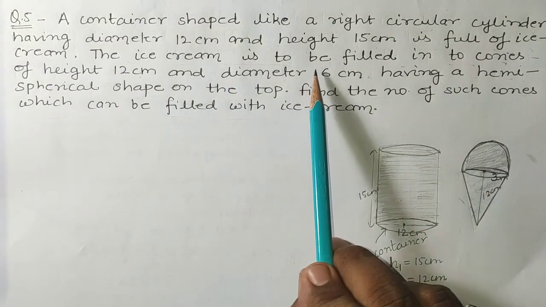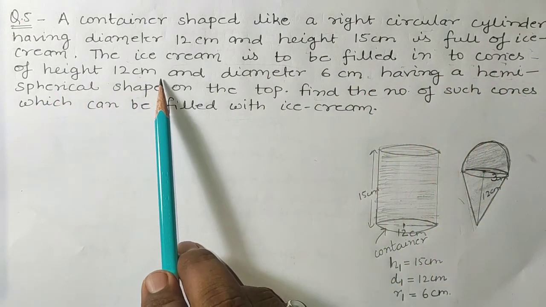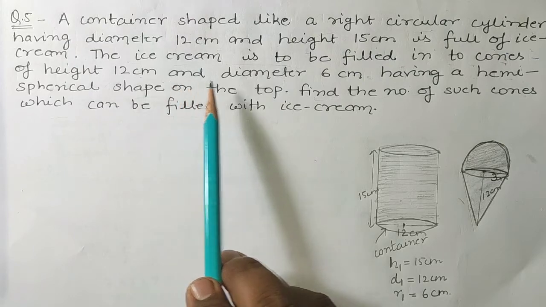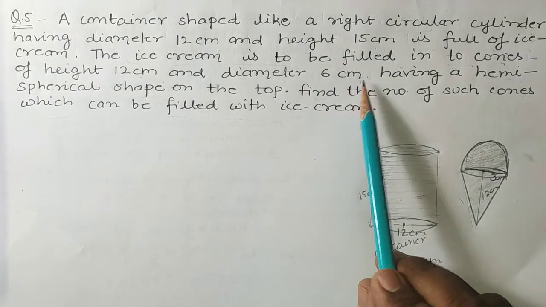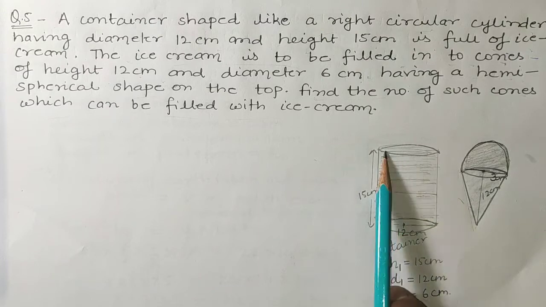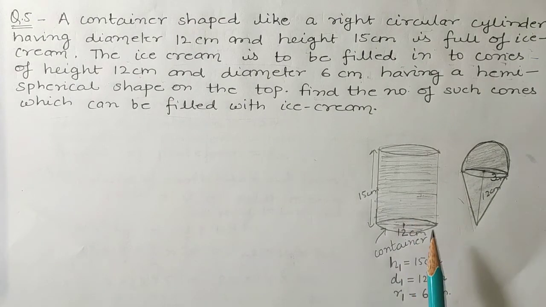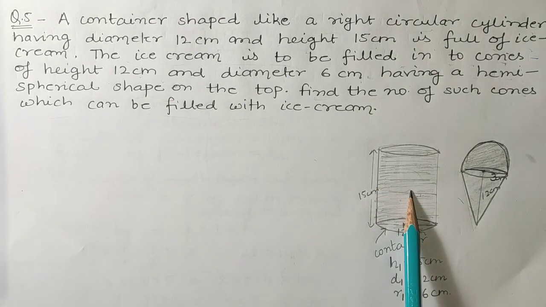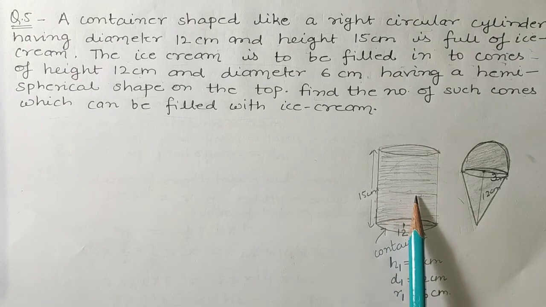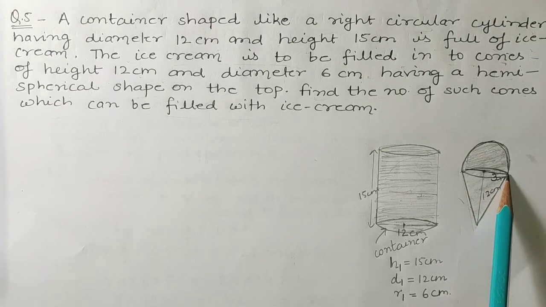The ice cream is to be filled into cones of height 12 centimeter and diameter 6 centimeter. Whatever the amount of ice cream filled in this container, that ice cream is to be filled in this cone.